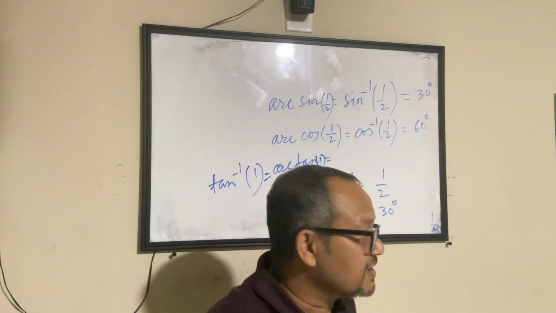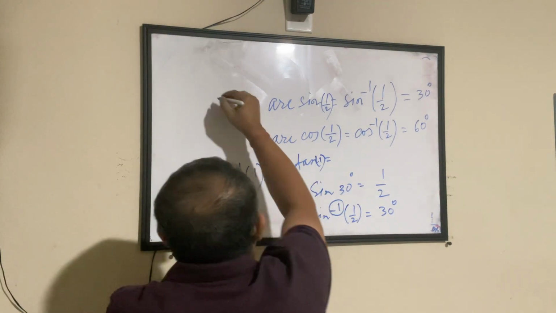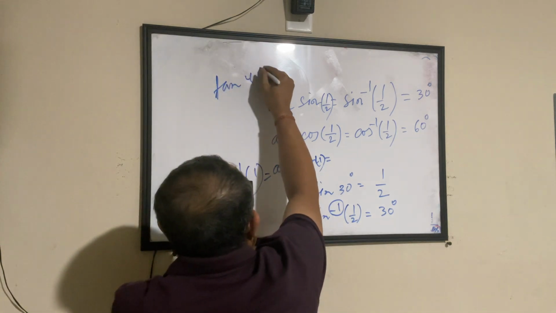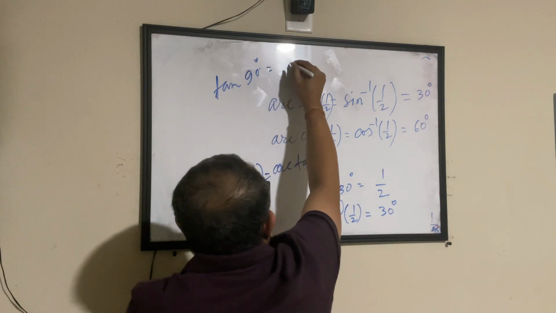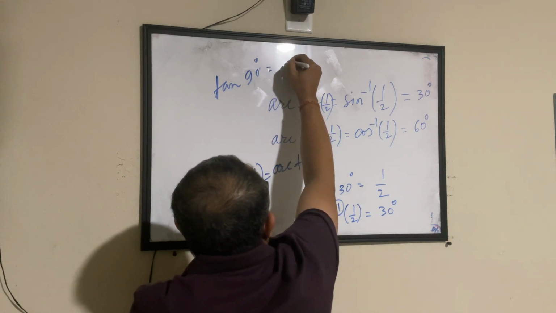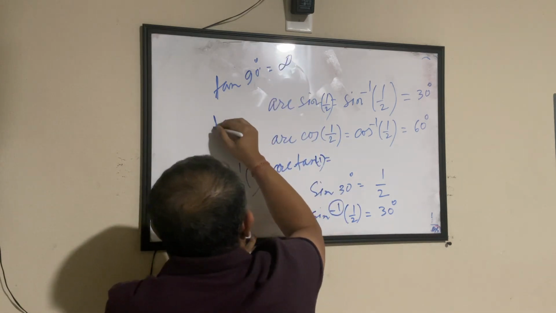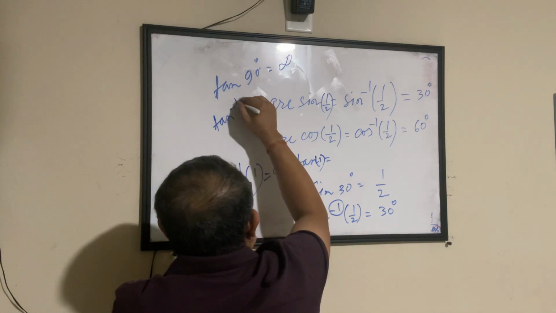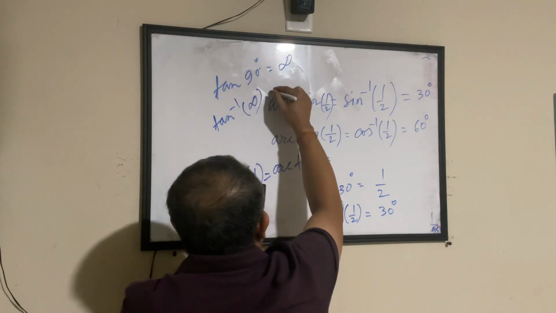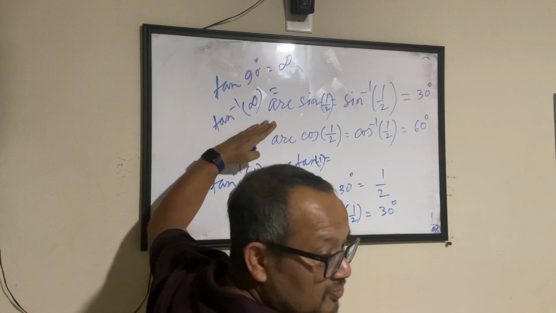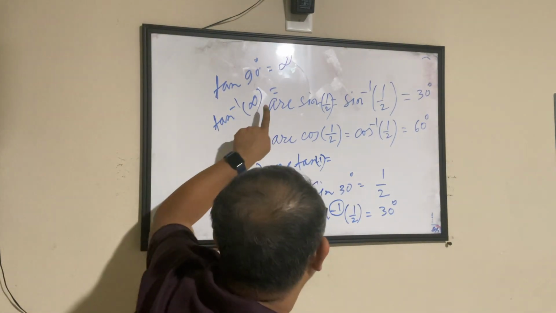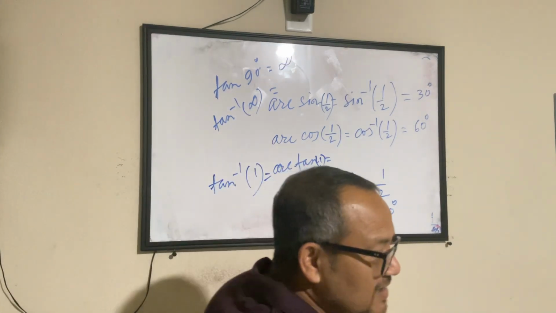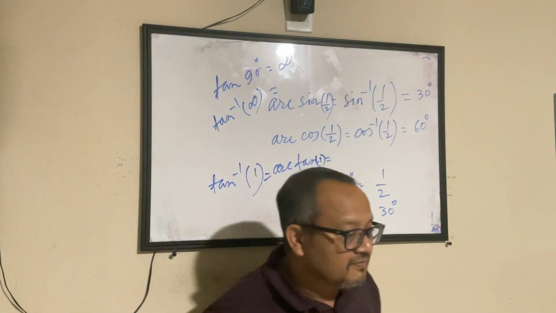So the questions that you will get is, okay, tan of, let's say, 90 degree equals infinity. So what will be the inverse of infinity? So basically you have been asked to find out the angle for which tan theta value will be infinity. So that's essentially all about the inverse function.